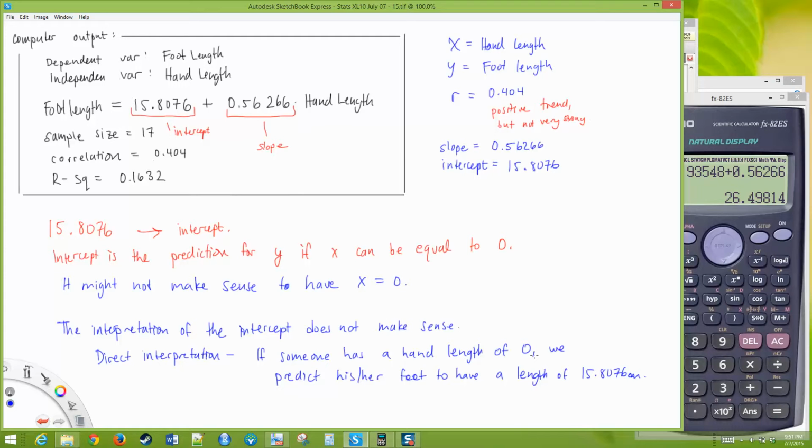So if we want to predict the value of a car based on its mileage, the intercept would be your prediction for the value of the car if it were brand new, if it had 0 miles on it. That would be the interpretation of the intercept. Does that make sense? Good for everybody?